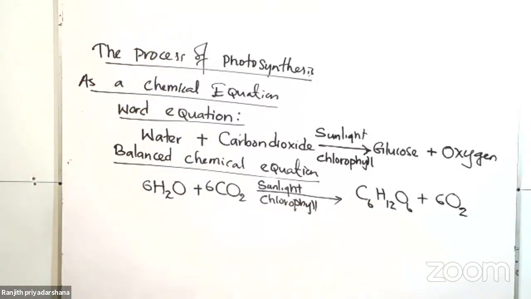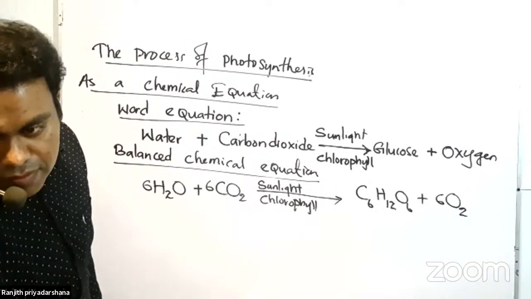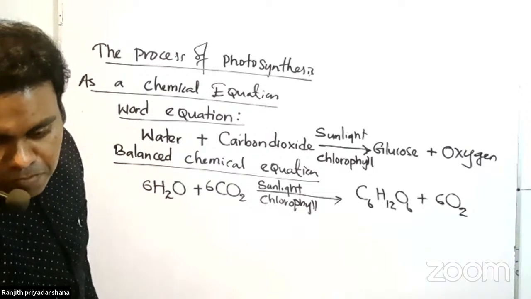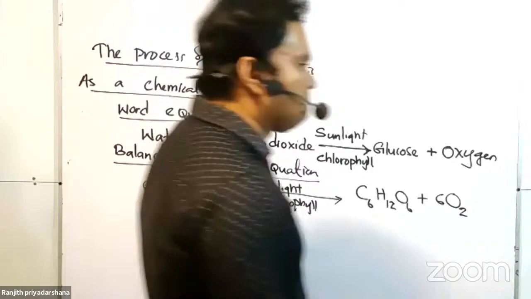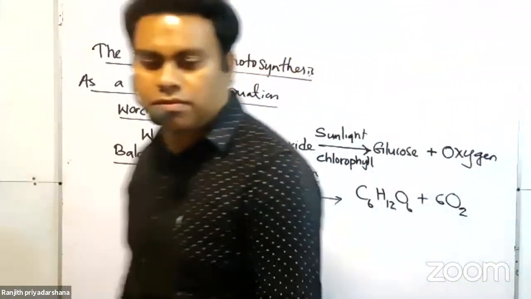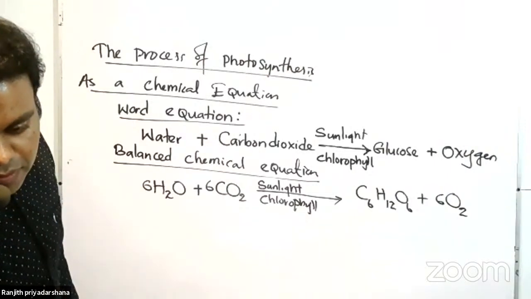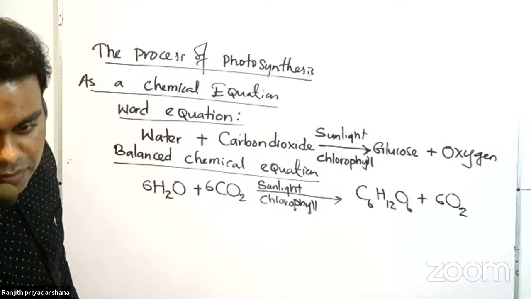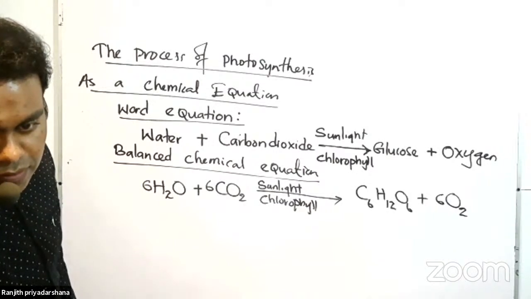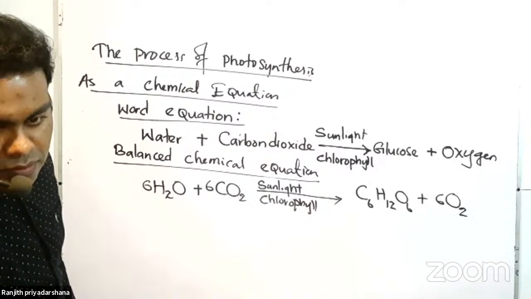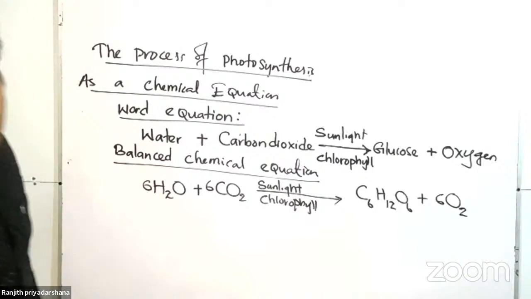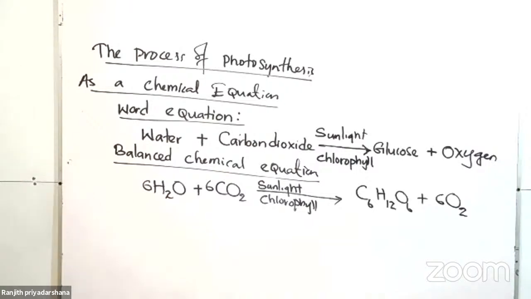So this is the balanced chemical equation of photosynthesis. Good.